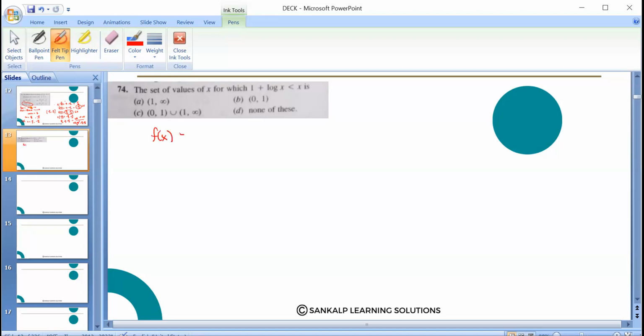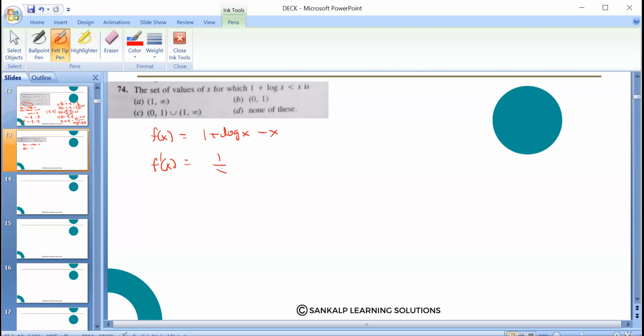So we will take the function 1 plus log x minus x, and take the derivative.